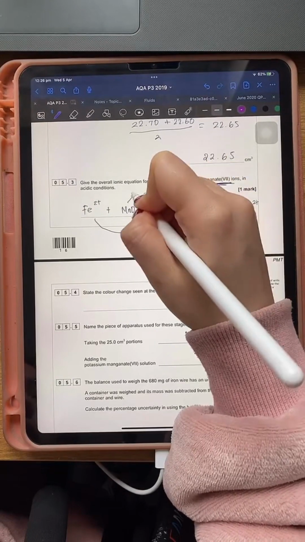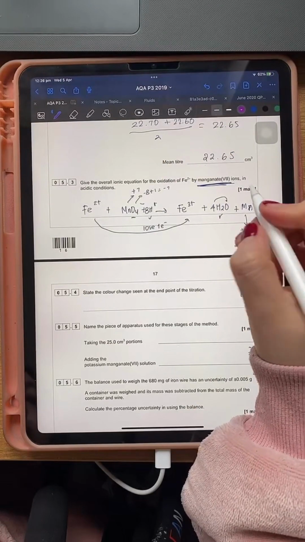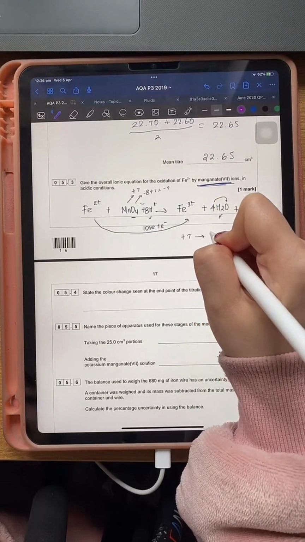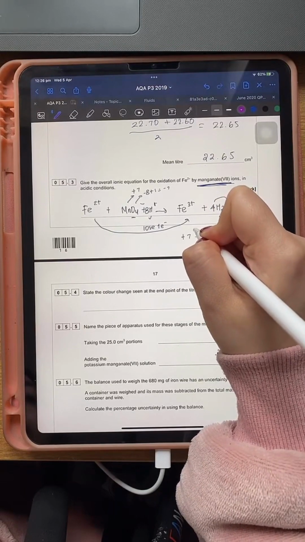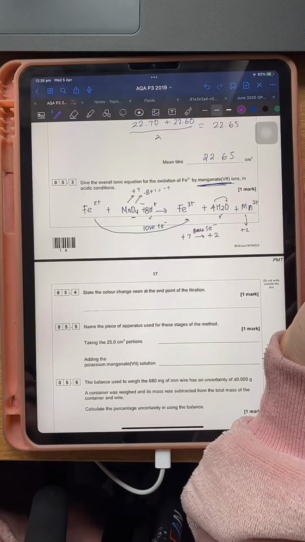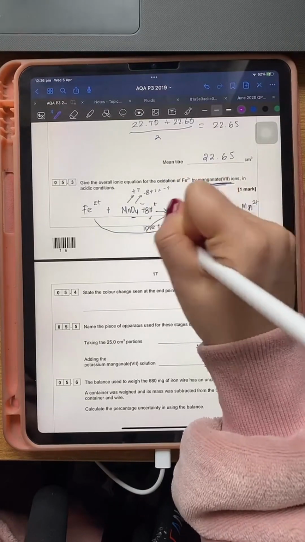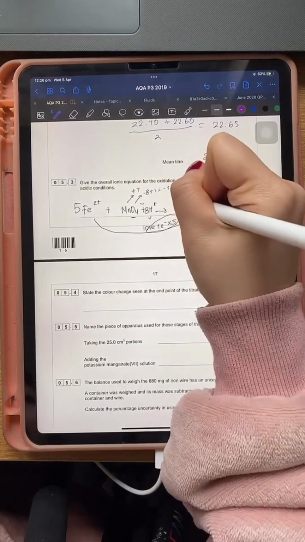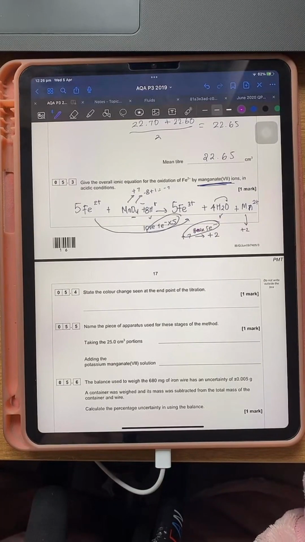So the change from plus 7 to plus 2 is gain 5 electrons. So this must be multiplied by 5 to make them balanced. This will be 5, this will be 5. That's how you make the equation without remembering it basically. I'm not gonna lie, when I was doing my exams, I just memorized that.